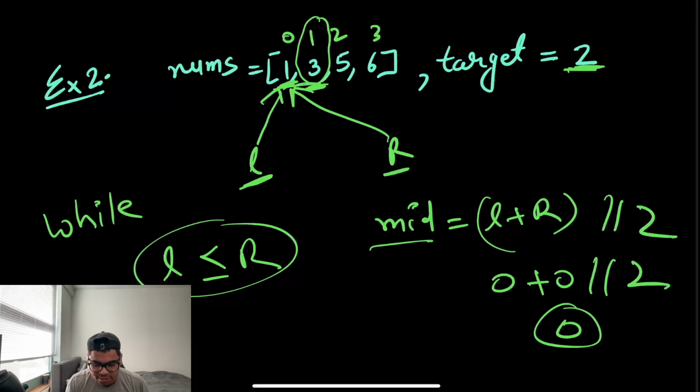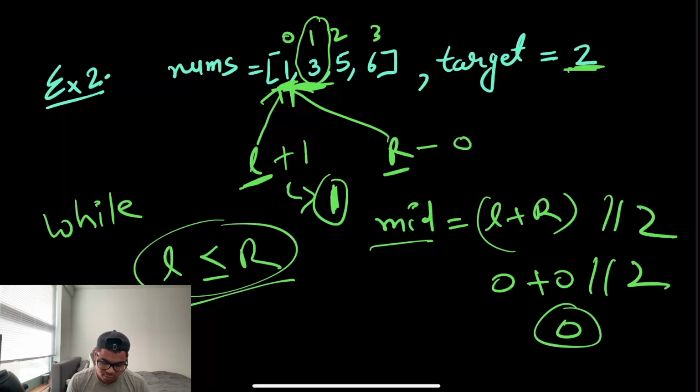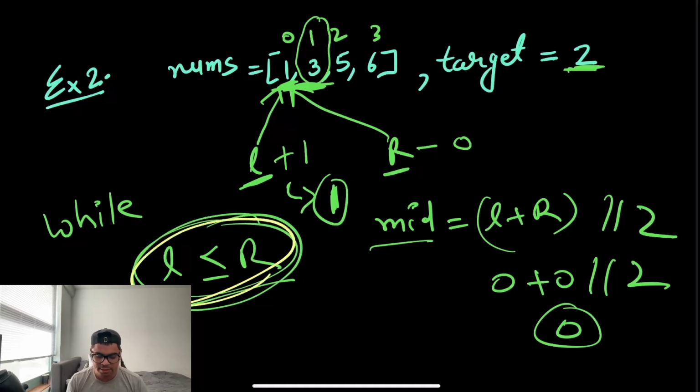Although there is nothing left over here right now, as per the logic, we will move our left pointer by 1. So L will become left plus 1. Now L is basically 1. Okay, right is 0. L is 1. This particular condition falsifies.